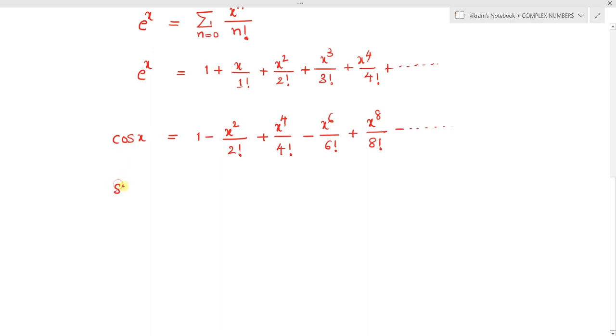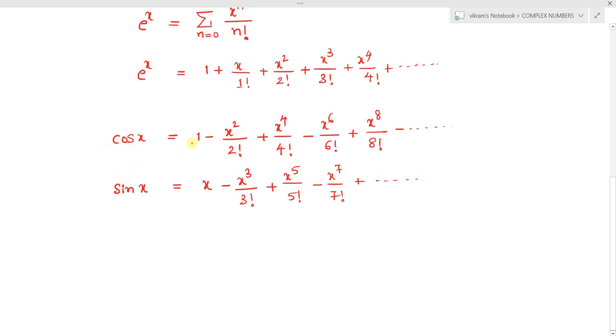Similarly the series of sin x is x minus x cube by 3 factorial plus x power 5 by 5 factorial minus x power 7 by 7 factorial and so on to infinity.